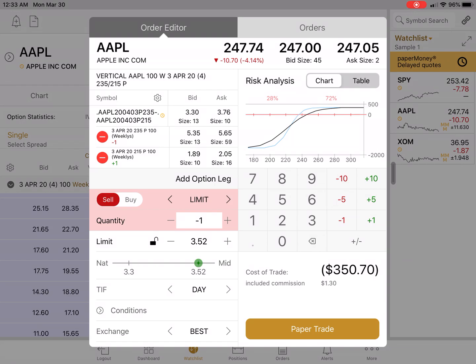We lost about $200, and it is almost literally buying an insurance. So anything below 235 we lose. However, we don't want to lose everything, and therefore we buy ourselves a protection below 215.